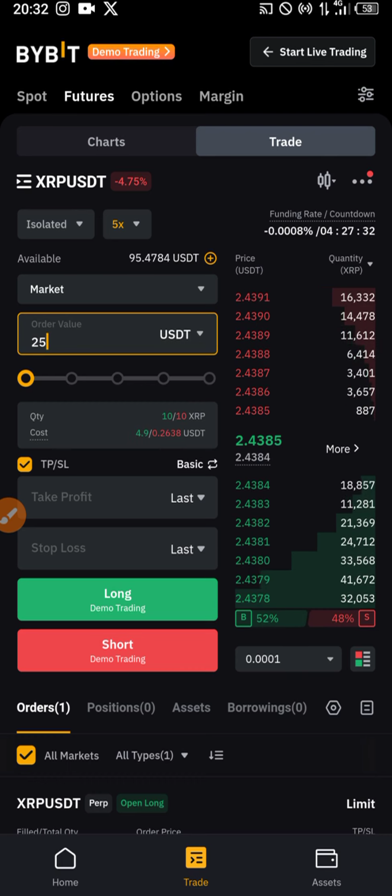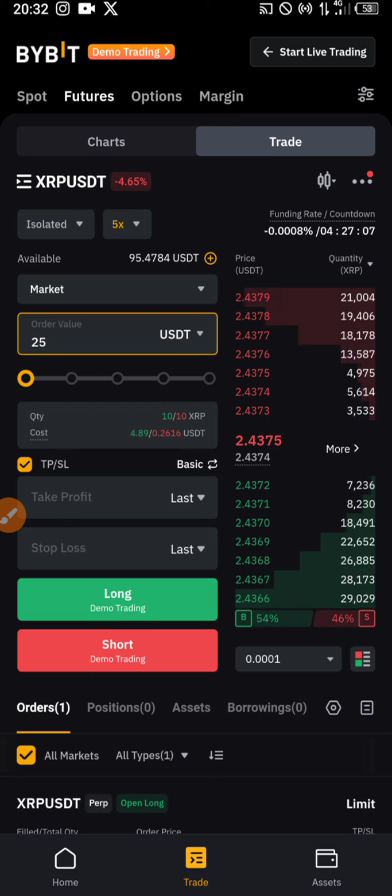So let's assume the charge is 0.075%. It's 25 multiplied by 0.075%, which equals 0.75. So you pay 75 cents for taking liquidity from the order book.